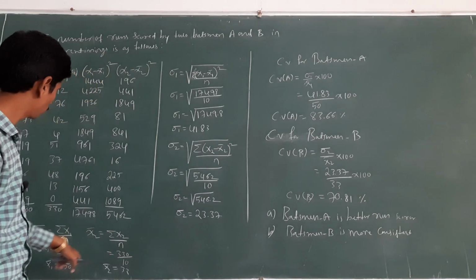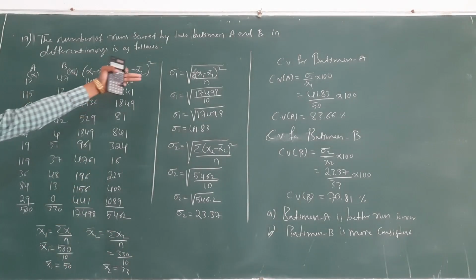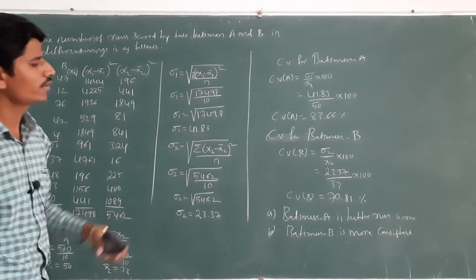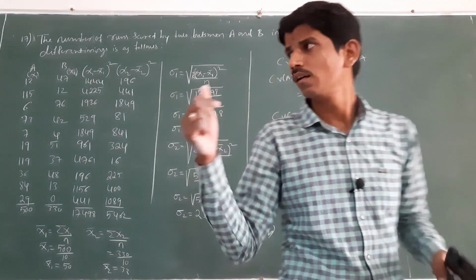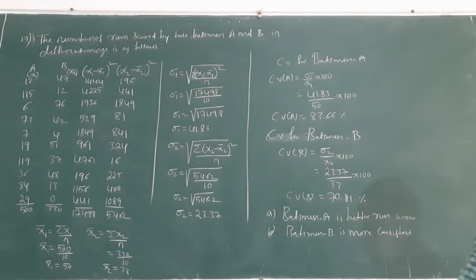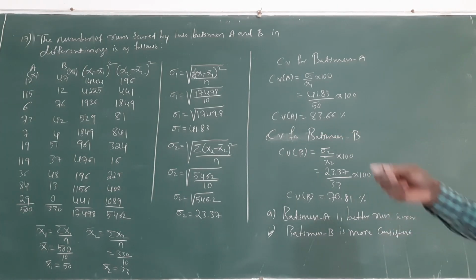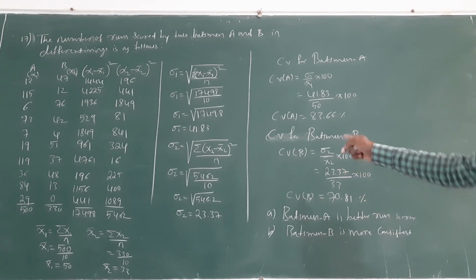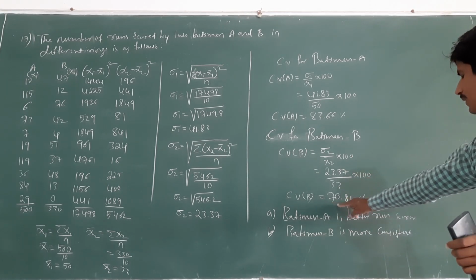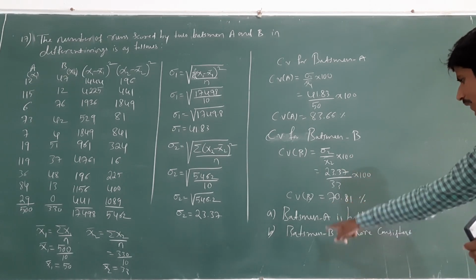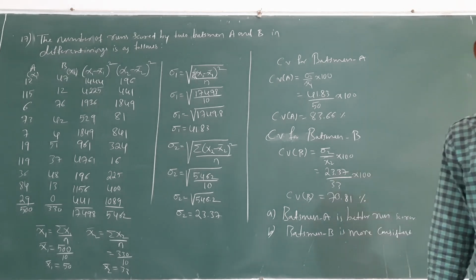First you have to calculate x1 bar and x2 bar and again sigma 1 and sigma 2, then substitute the values, then you get CV for A and CV for B. Who is better run scorer means we have to use mean, average. Batsman A has the higher mean, therefore batsman A is the better run scorer. And who is more consistent means the lesser value of CV. CV for B is less, that is 70.81, therefore batsman B is more consistent.